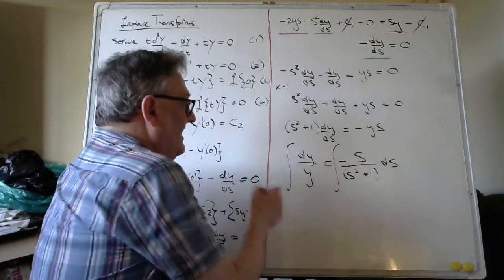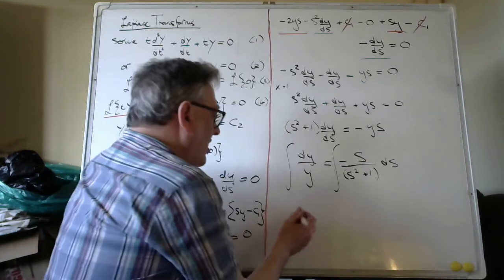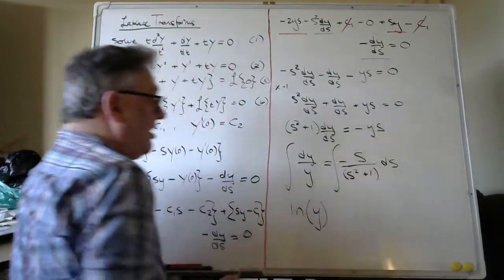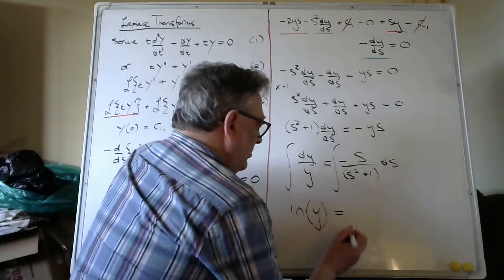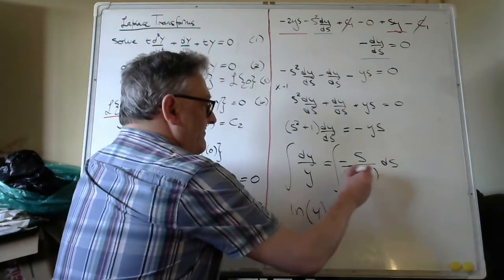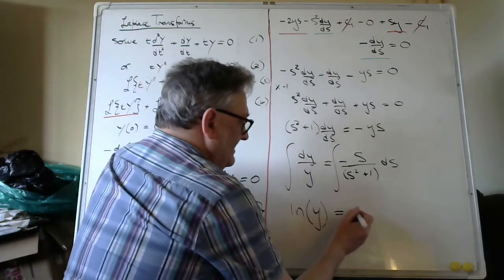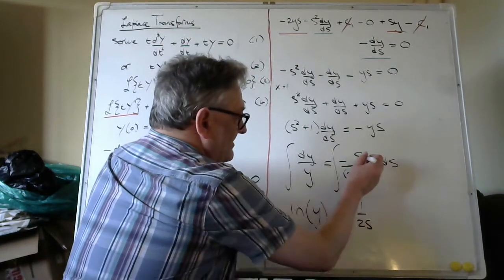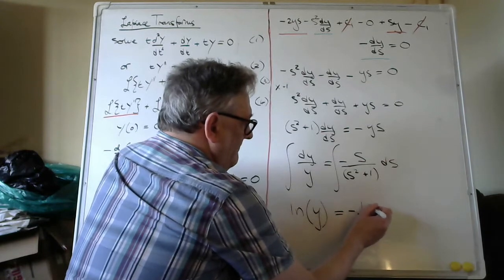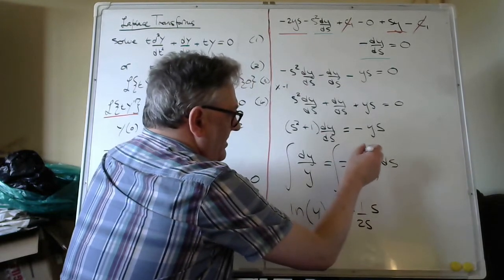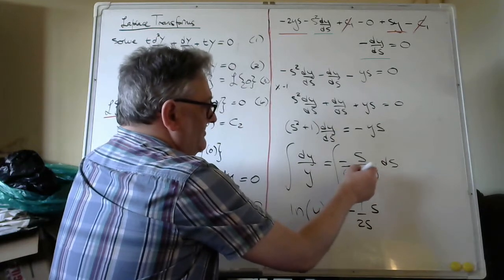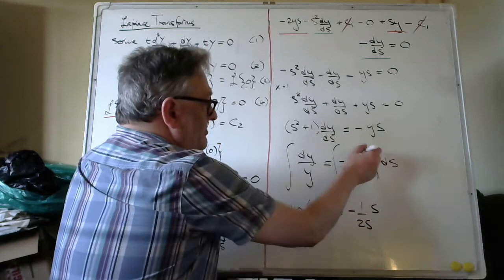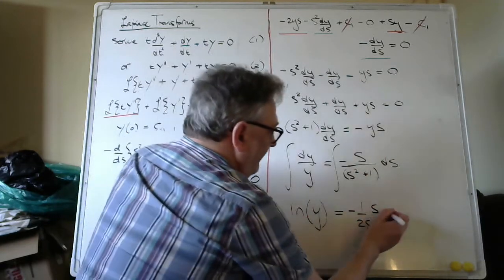The left-hand side is very easy because it's basically 1 over y dy, which integrates to give log of lowercase y. And that's equal to, well, the derivative of the denominator is 2s. So it's minus 1 over 2s, which actually cancels with this s in the numerator on the top part of the fraction.